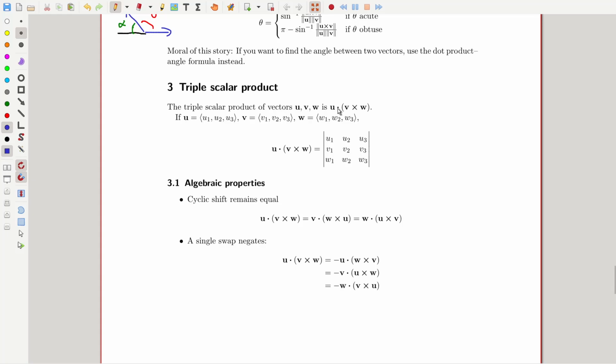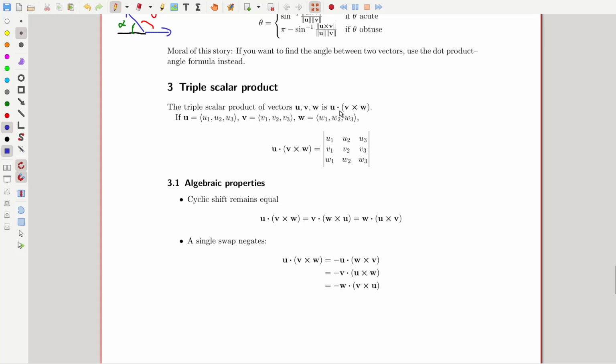Right, and the triple scalar product is usually denoted like this. You've got a cross product followed by a dot product. And the dot product is on the left, but I'm sort of emphasizing the way you would compute it naively. You would start by taking the cross product, followed by taking the dot product.